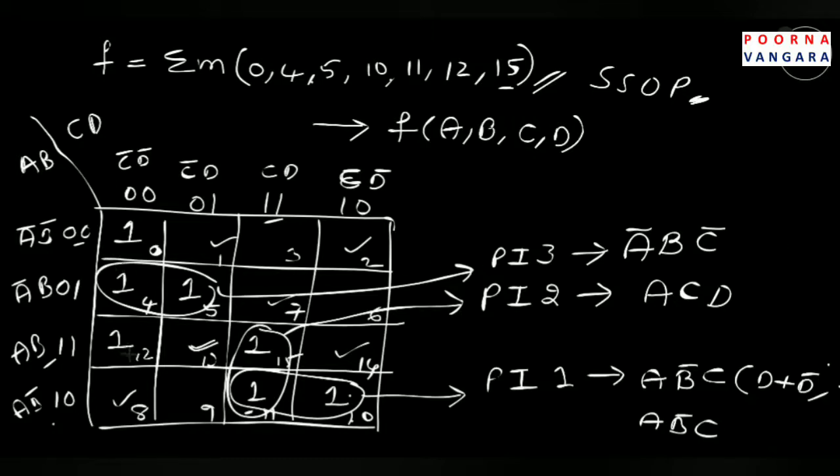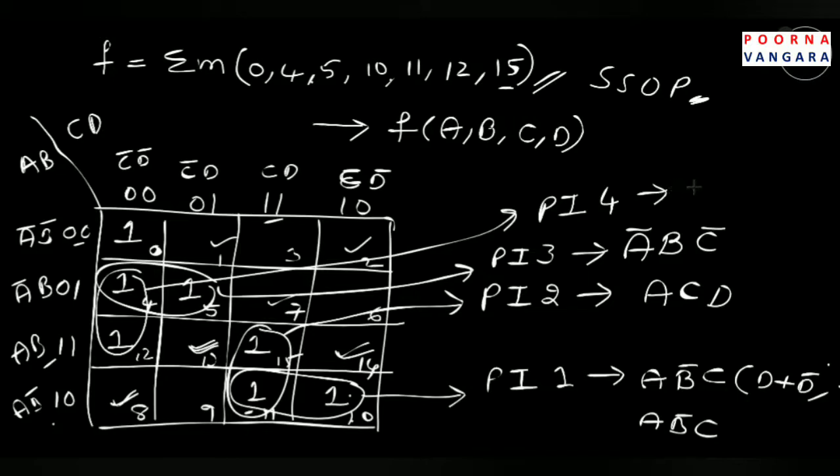Now, let us consider cell number 12. It is very straightforward. The 8th, 13th, 14th and 4th cells are adjacent, out of which only the 4th cell has 1. So this is also a prime implicant, prime implicant 4.